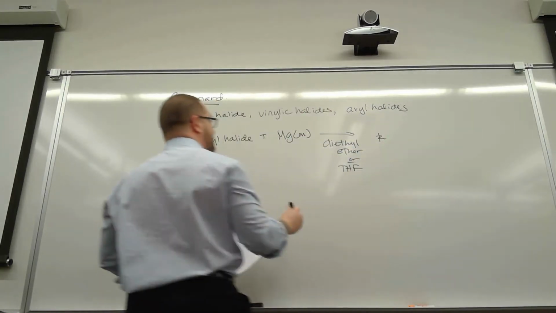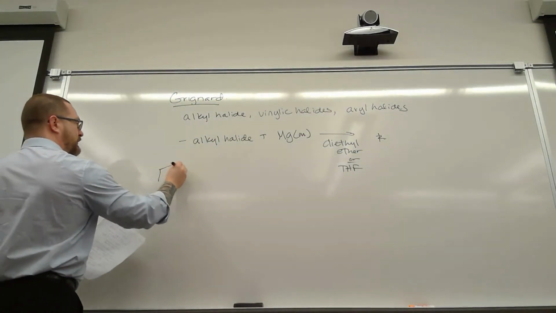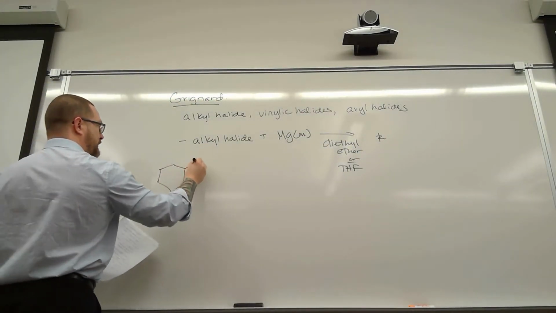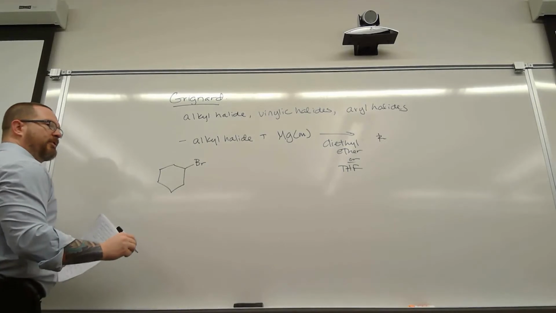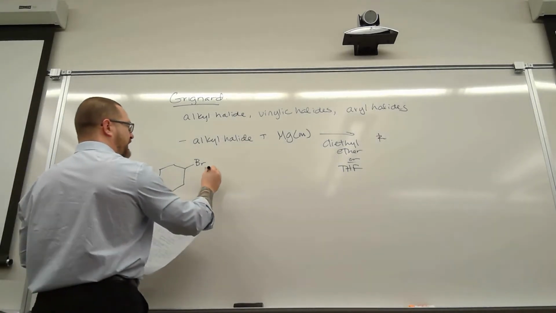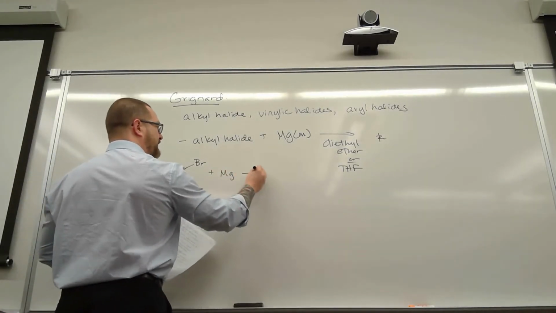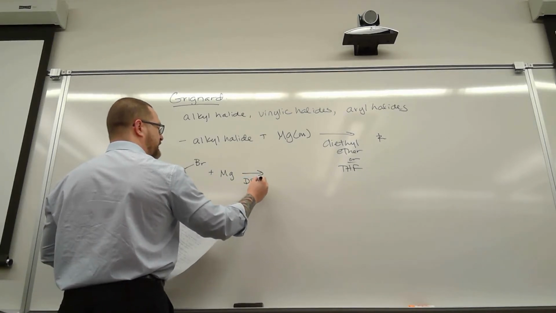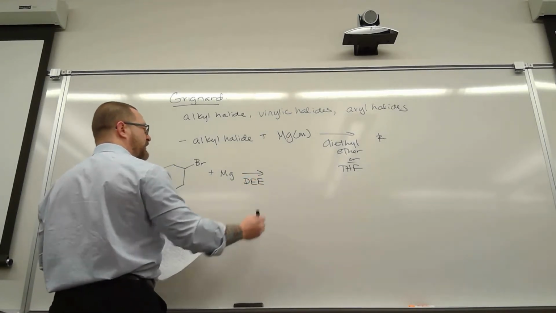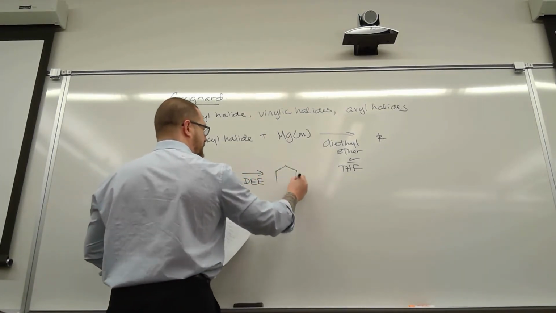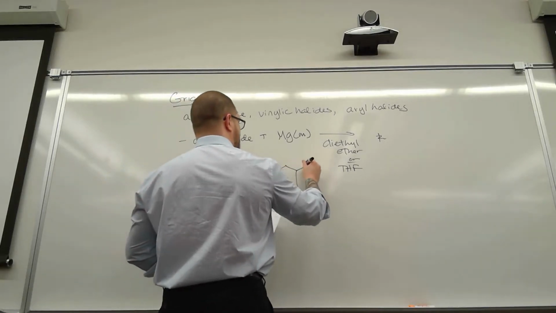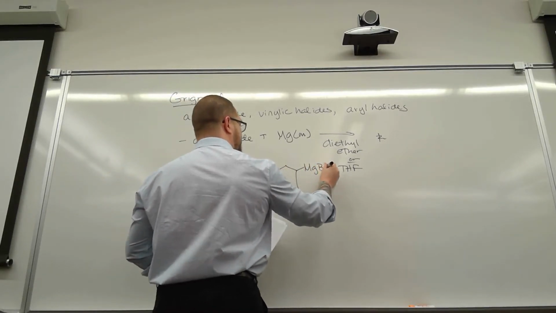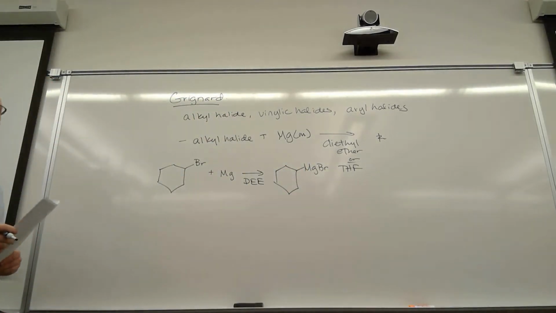Let me actually put one together here. So let's say we've got our alkyl halide, and we react this with magnesium in diethyl ether. That's what you get as a product, which is your Grignard reagent.